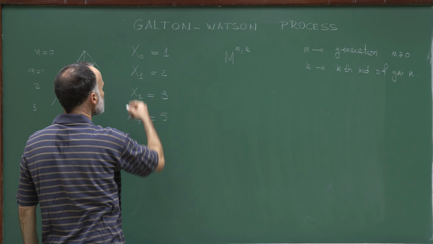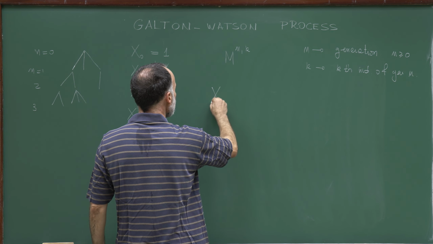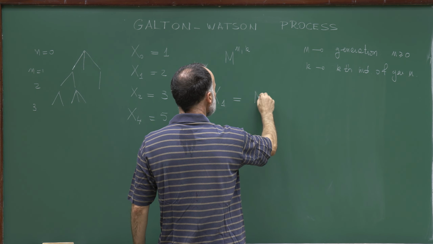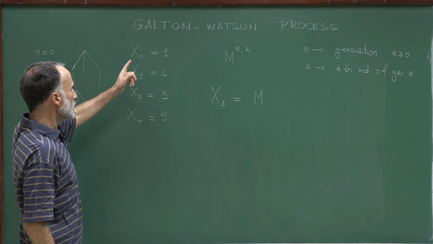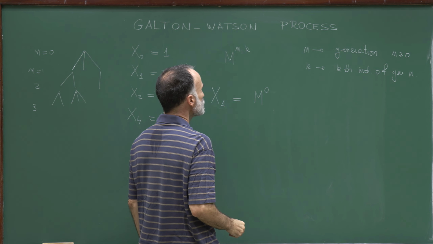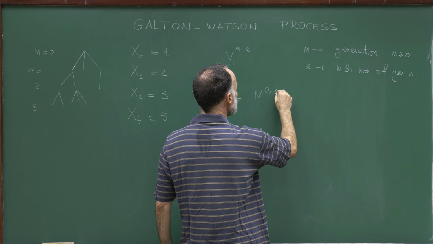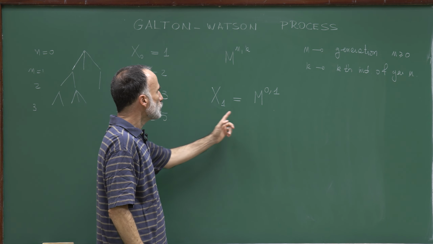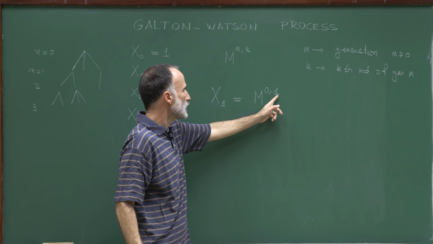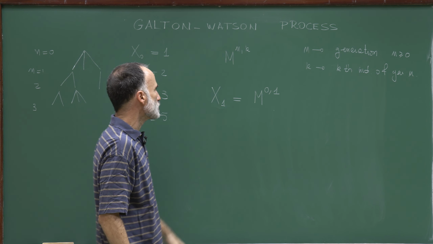Since we know that x0 is equal to 1, x1 is exactly equal to the number of offsprings of x0. With my notation, in generation 0 there is only one individual, and x1 will be exactly equal to the number of offsprings of the individual of generation 0.